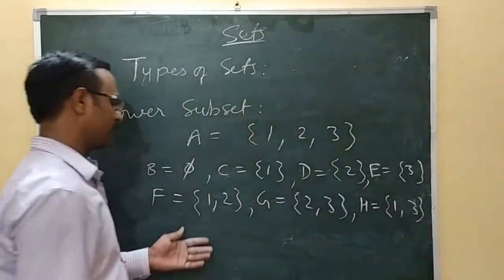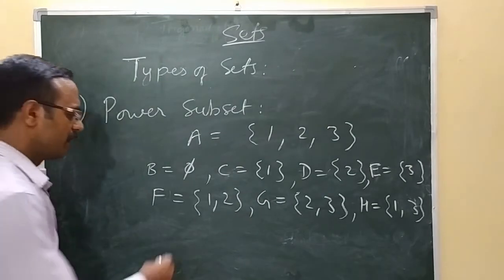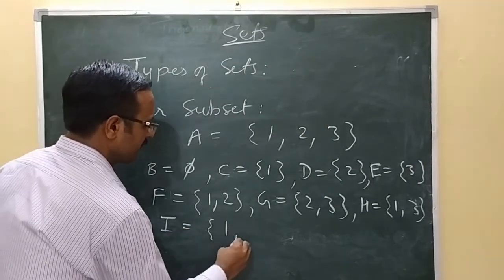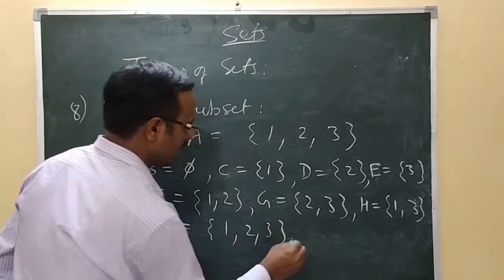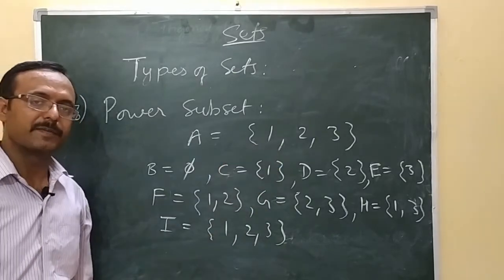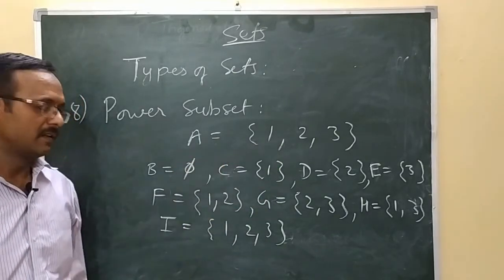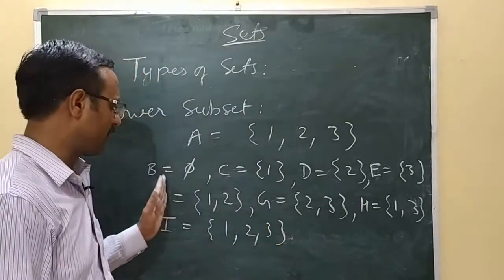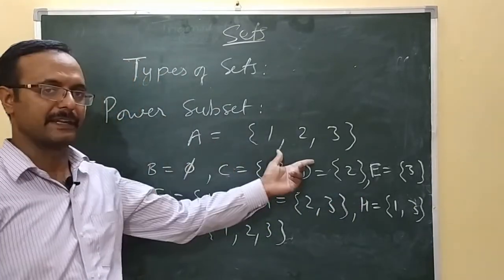So all the possible two-element sets I have taken. The last set which I can obtain from 3 elements is this. So this is actually an improper subset of A. We have obtained all the possible subsets from a set A.